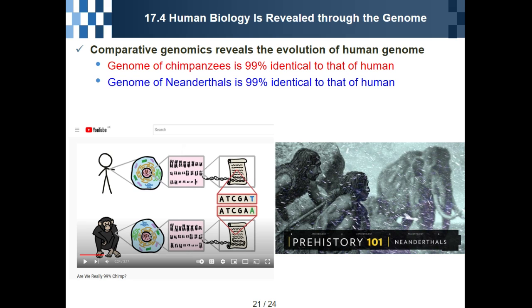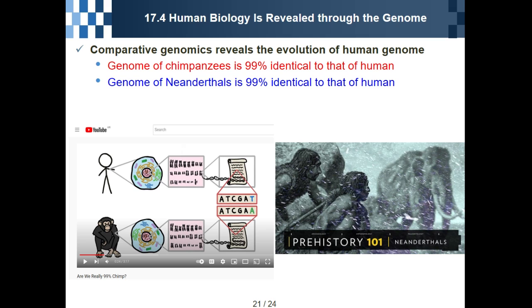Because they are 99% identical, we thought that Neanderthals belong to Homo sapiens. Okay, our human is Homo sapiens, and Neanderthal also belongs to Homo sapiens because 99% of the genome is the same.